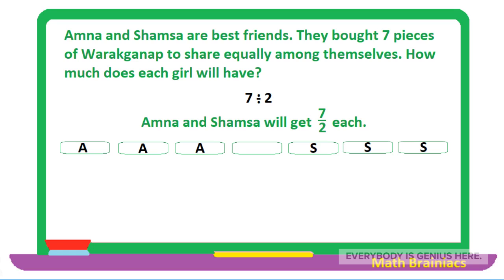And you can see that there will be 1 more piece left. Therefore, we're going to cut the 1 piece into halves so that we can give one half to Amna and the other half to Shamsa. Accordingly, each girl will have 3.5 pieces each. We're going to divide the 7 by 2 and Amna and Shamsa will get 3.5 pieces each. It is clear, right?